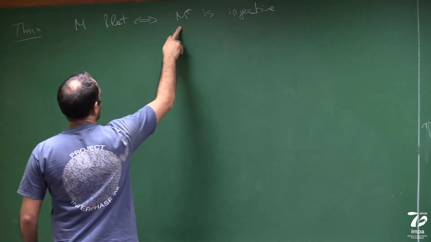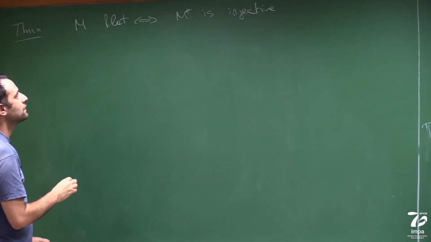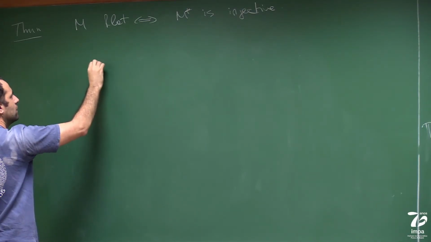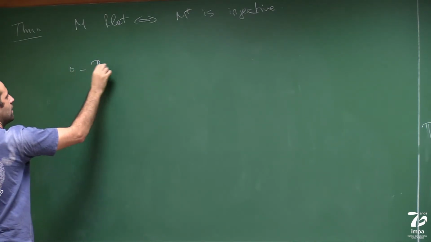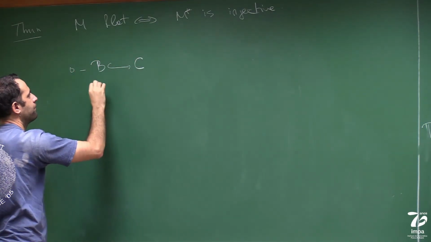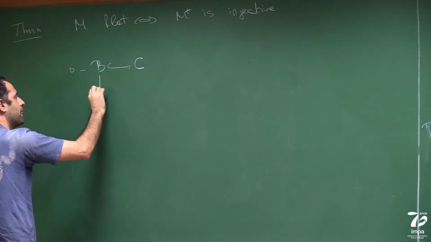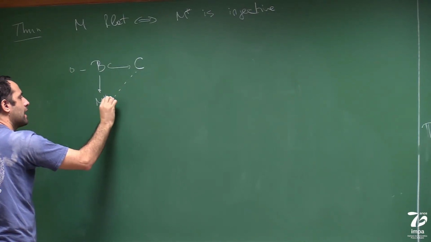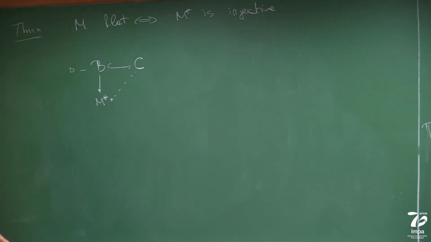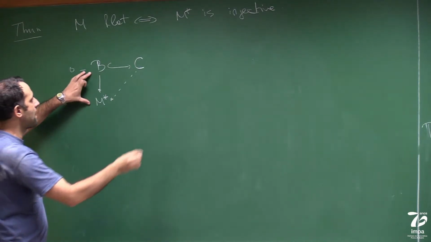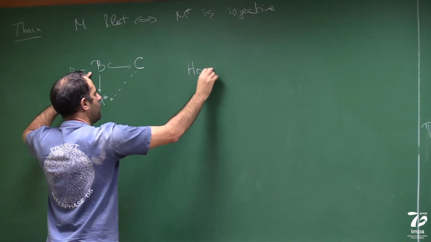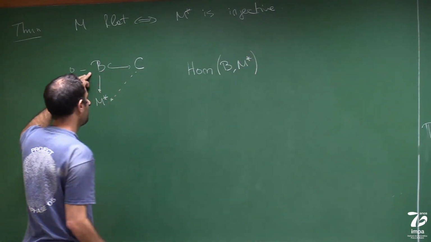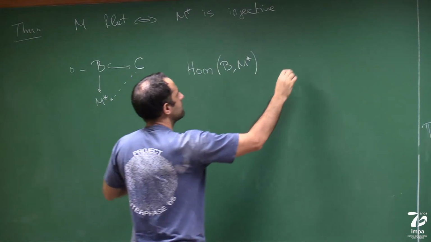So what is the datum that M star is injective? Again, this is for any injection, let's say from B to C, and a map from B to M star, then I want the extension to C to exist. Now, this is a map Hom(B, M star). This one is Hom(C, M star).